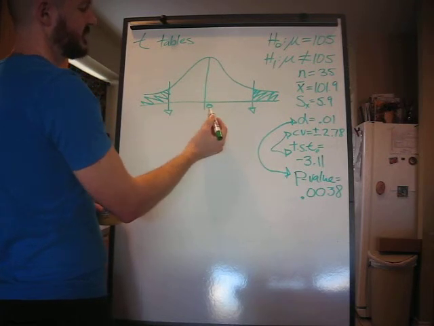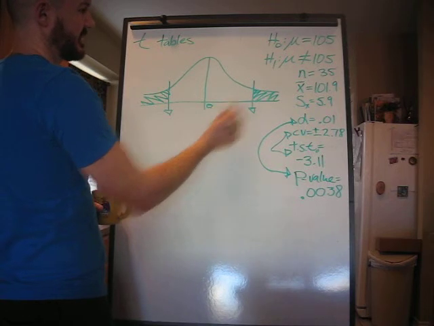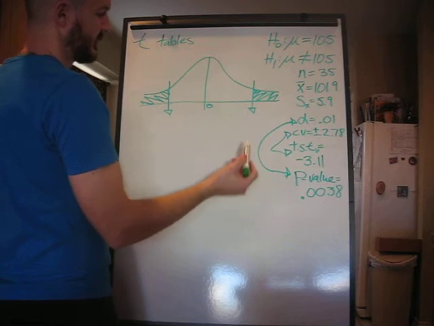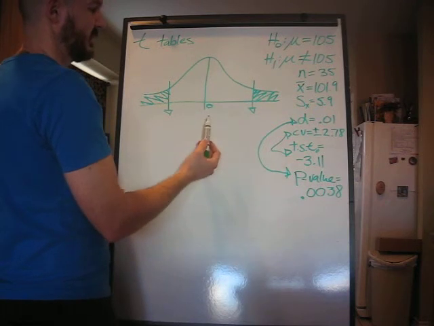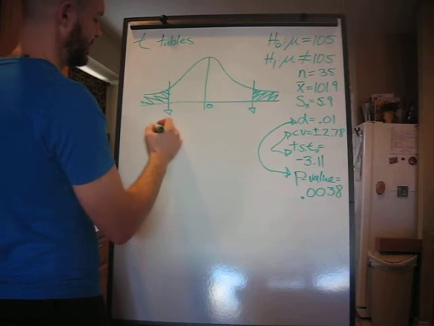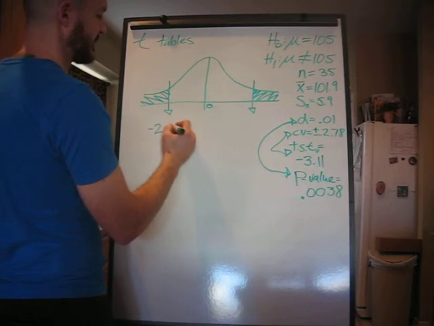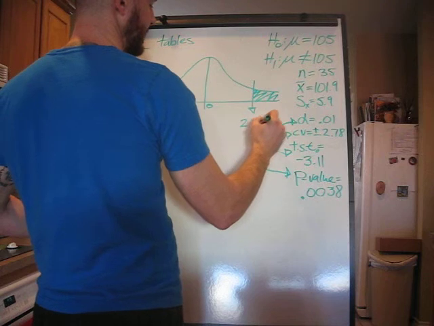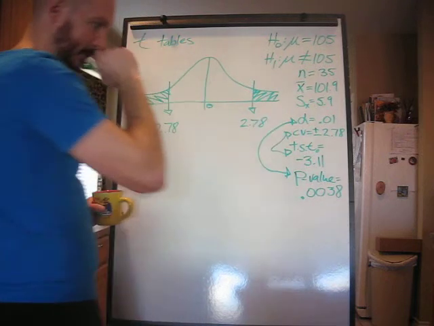This is our artificial 0, which is actually 105 in this case, but represented by the mean 0. The critical value to the left is negative 2.78, and to the right positive 2.78.